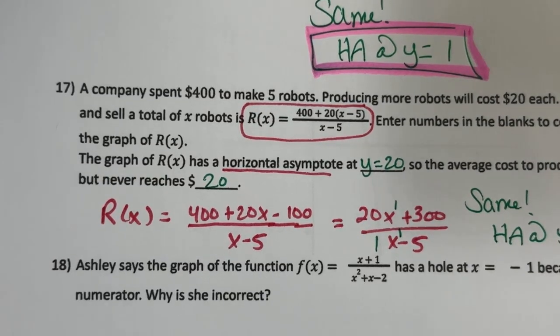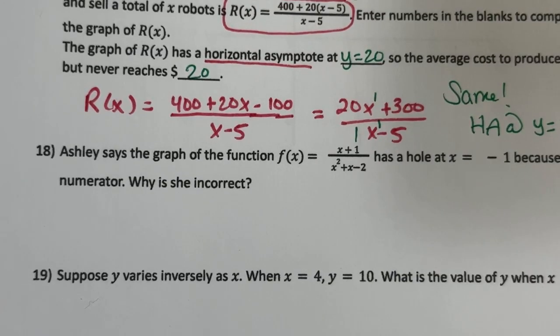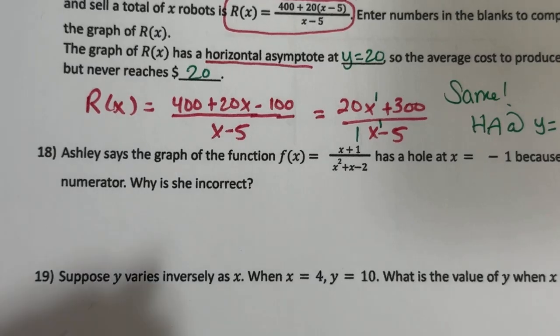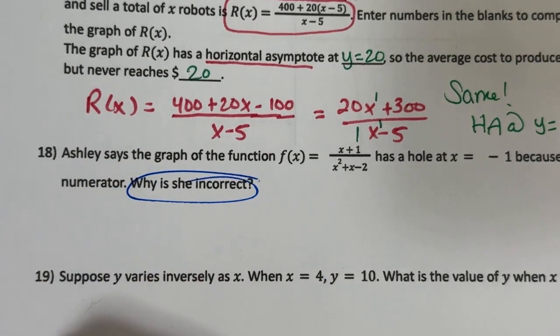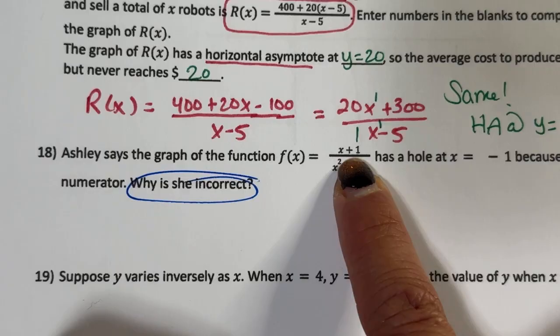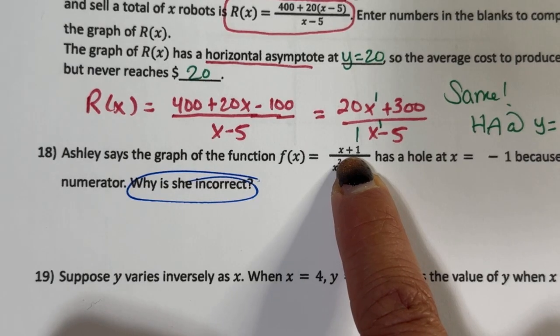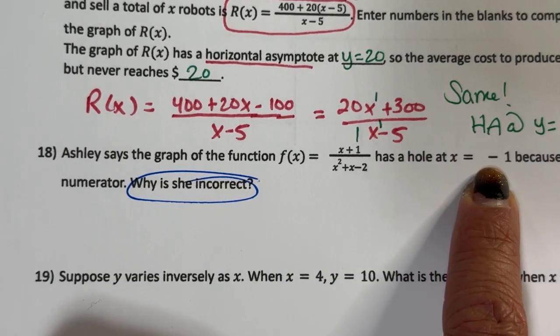And there it is. Number 18, Ashley says the graph of the function f of x has a hole at x equals -1 because -1 is a 0 in the numerator. Why is she incorrect? All right, she made a mistake. Now, I see what she did here. If you solve x plus 1 equals 0, you are going to get x equals -1.